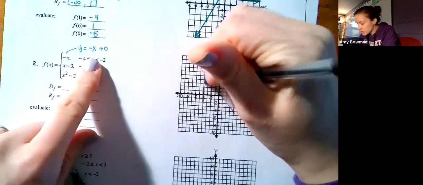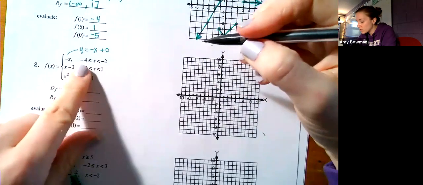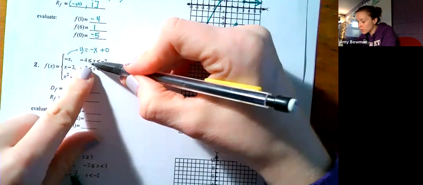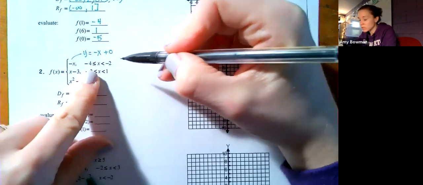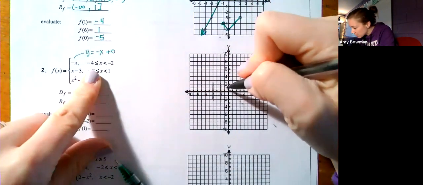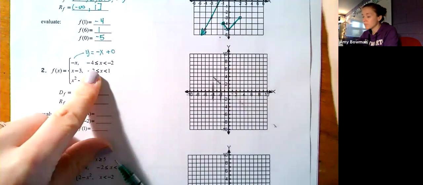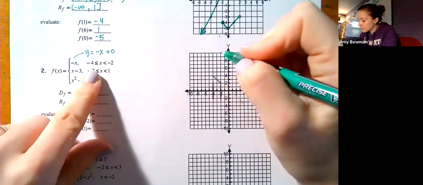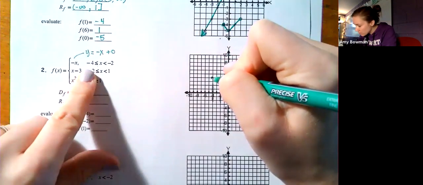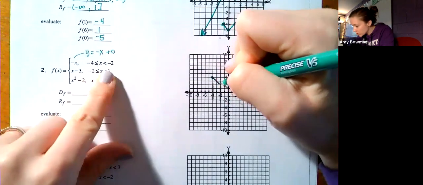But it's a piecewise function, so that's the pattern only between -4 and -2, including -4, not including -2. So I will piece that together by imagining where I would place my line right there. And I'm including -4, so I can put a filled in circle at -4 all the way up to -2 with an open circle.